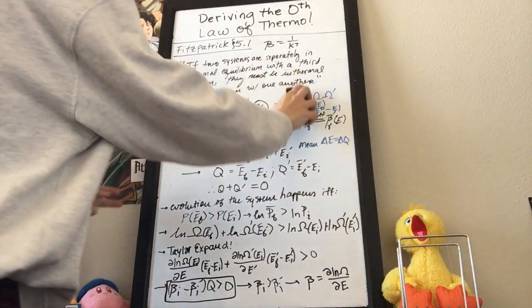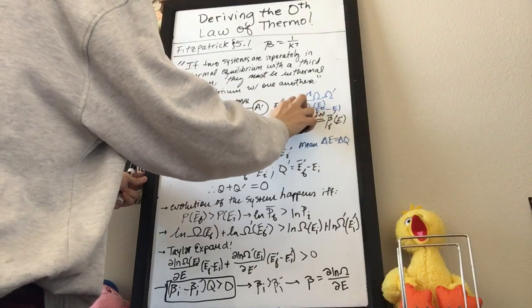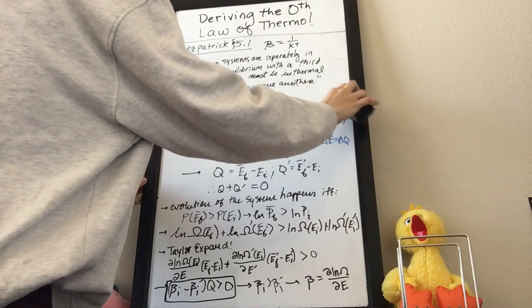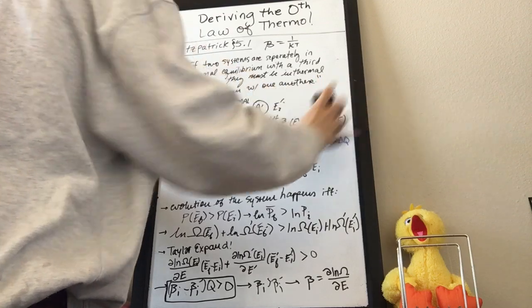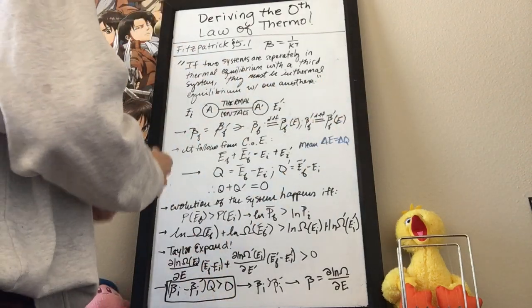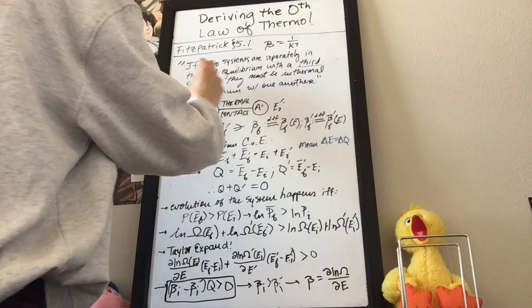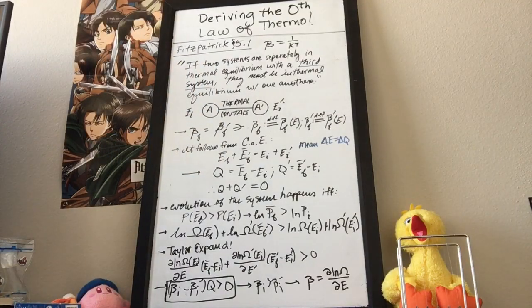So, once we have acquired thermal equilibrium, we can throw in that elusive third system that has just been kind of hanging around in this problem statement this whole time, right?